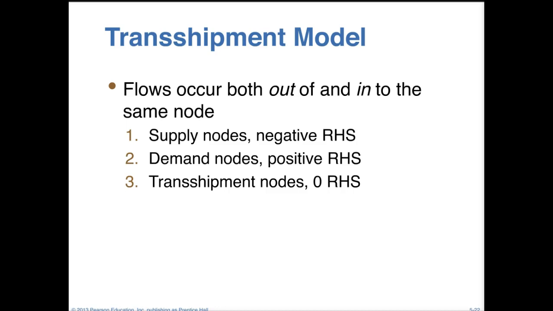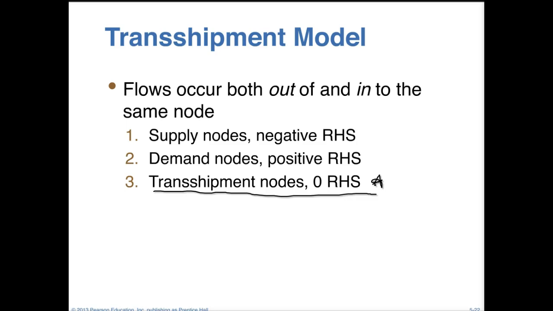And one of the things that we know here is that for transshipment nodes, the net flow going in and out should be 0. So that means everything that goes in must go out. So that's why here it says transshipment nodes should be 0 on the right-hand side of your equation or inequality. And so with transshipment nodes, it should be just an equation.